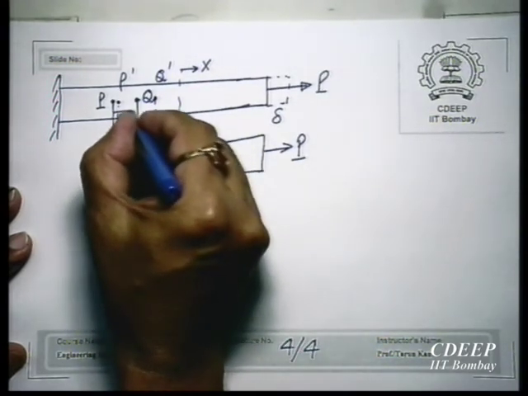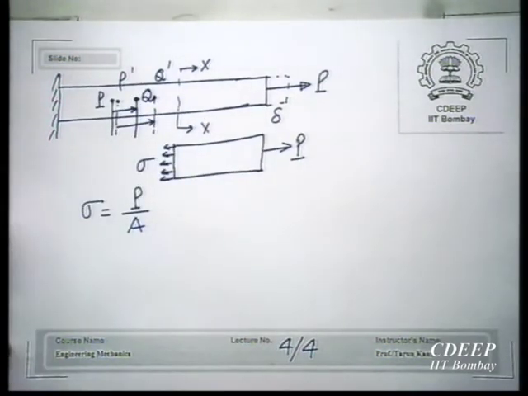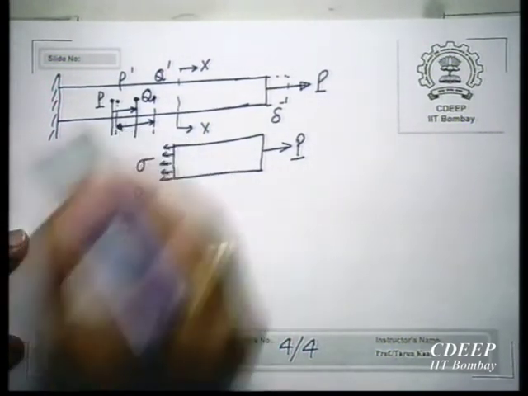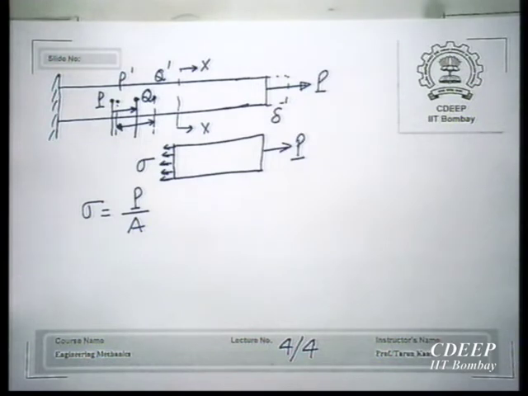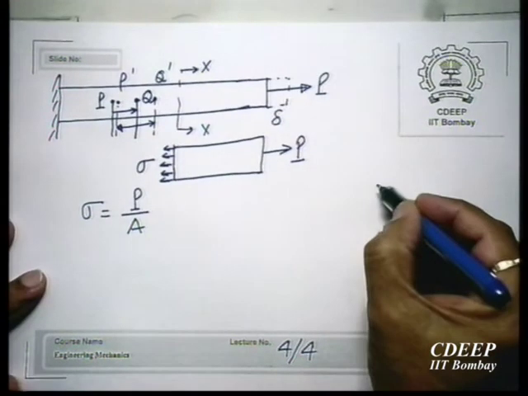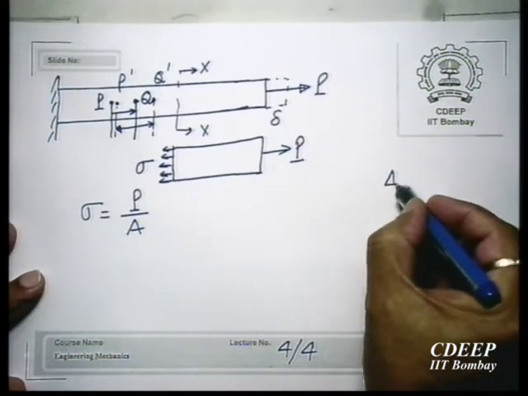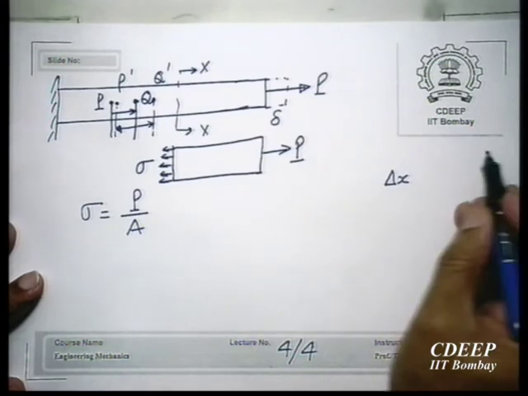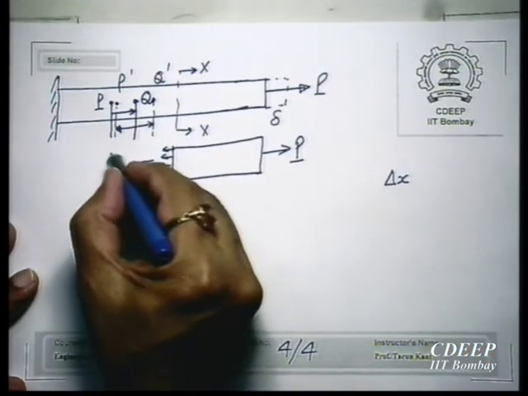So, the original length was this much and the final length is this. PQ is the original length between 2 points which are very close to each other. So, let the distance between PQ be delta x, the original length.